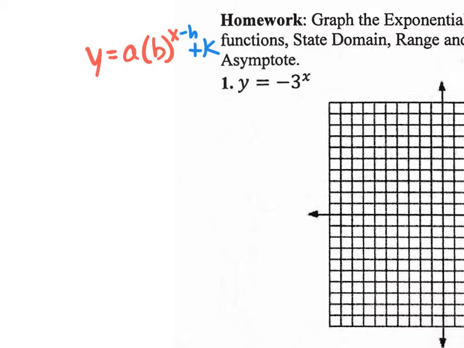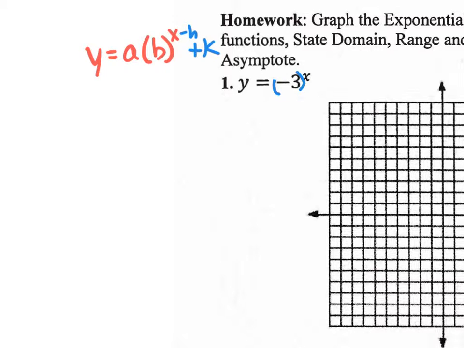Okay. Now the first thing to understand is that the b value is not -3. What's the b value? The b value is just 3. It's kind of confusing. It looks like the base is -3, but the base is not -3. Why is it not -3? Because there's no parentheses around the negative, including it.